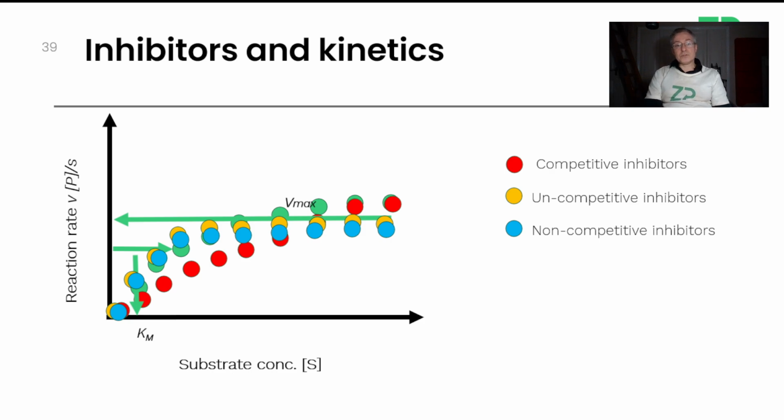So to understand whether you've got competitive inhibition, it's only the Km that is increased, but the Vmax stays the same. When you've got uncompetitive or non-competitive, then the Vmax decreases and the Km also decreases. And I should have added mixed here as well, because the mixed situation is essentially a sum of uncompetitive and non-competitive inhibition.